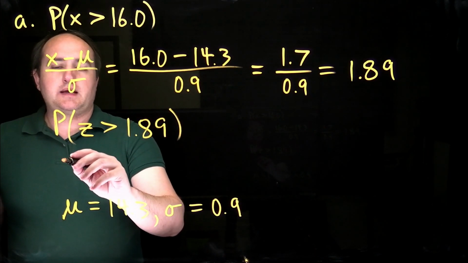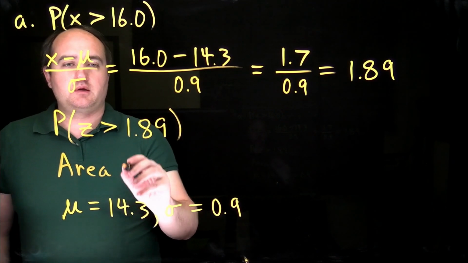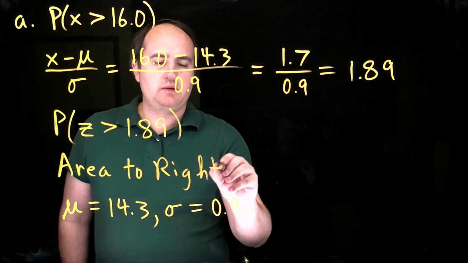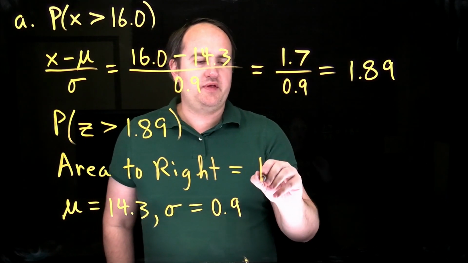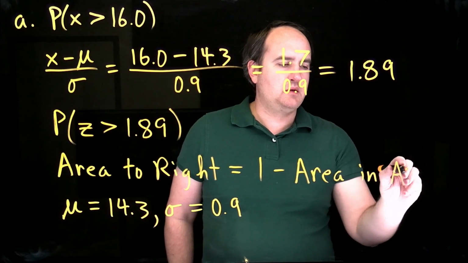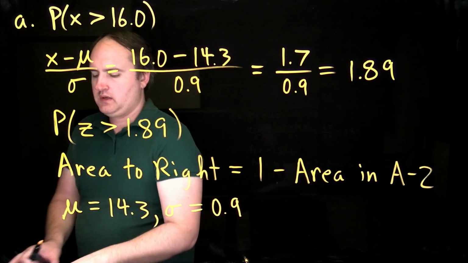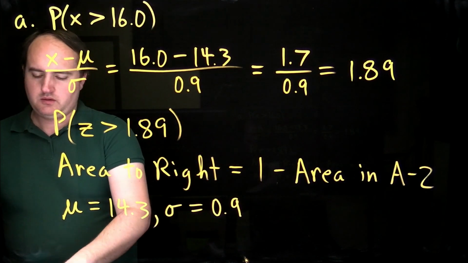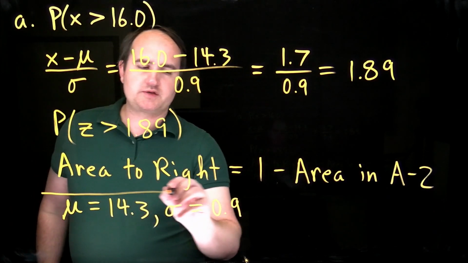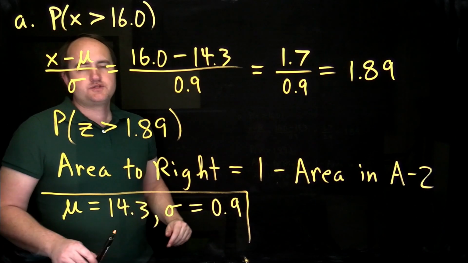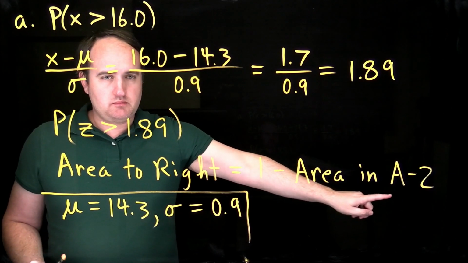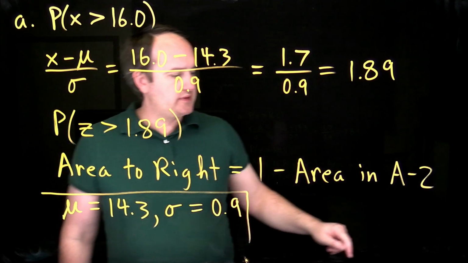So for the area to the right, we have to use the formula 1 minus the area in table A2. That should all be pretty obvious if you've watched my other video. So if we look up z equals 1.89 in table A2, let's see what area we get.